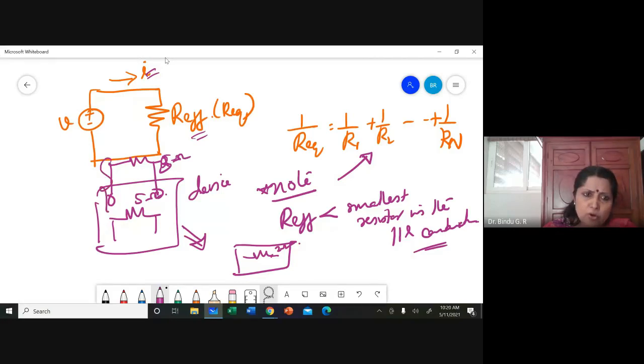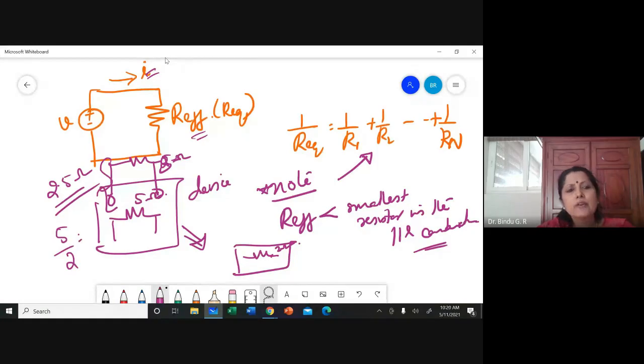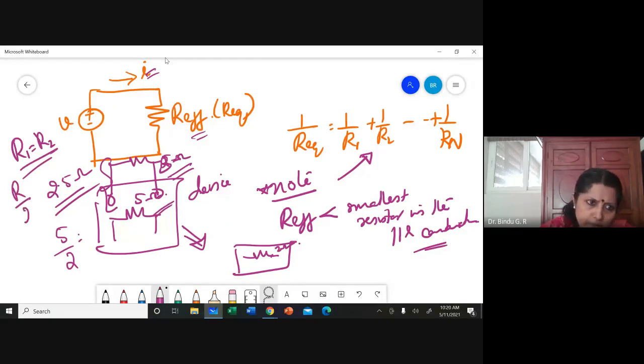So finally what will be the resistance? The resistance reduces to 2.5 ohm: 1 by 5 plus 1 by 5, or 5 by 2. If the two resistors are equal, R1 equal to R2, in parallel, the resistance becomes R1 by 2, which is the same as R2 by 2.